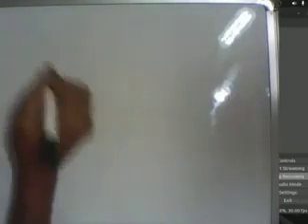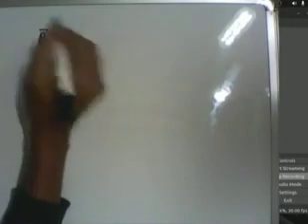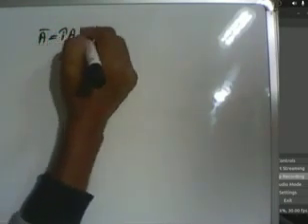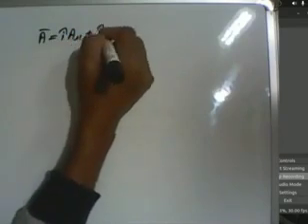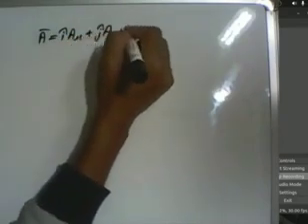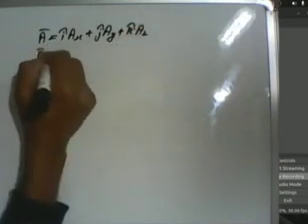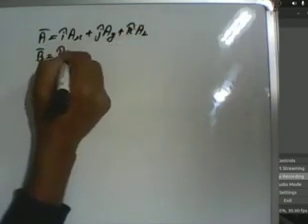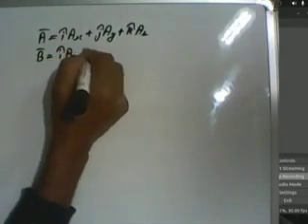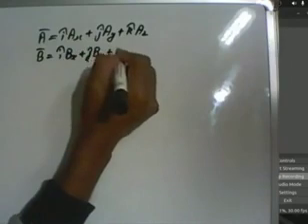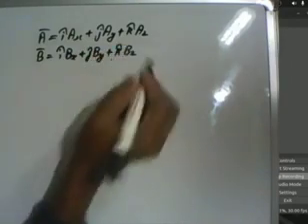So if you see this cross product in component form, then you can write A is equal to I Ax plus J Ay plus K Az. B is equal to I Bx plus J By plus K Bz.